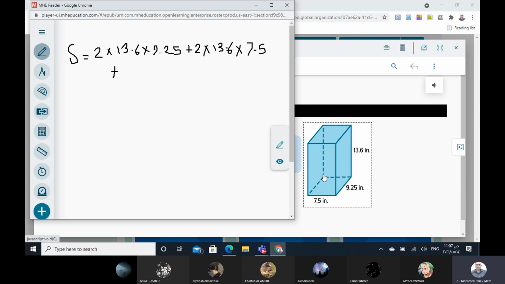Length times width, because the type will be a rectangle. But we have two congruent areas here, meaning multiply by 2. 2 times the length here, 9.25, times 7.5.